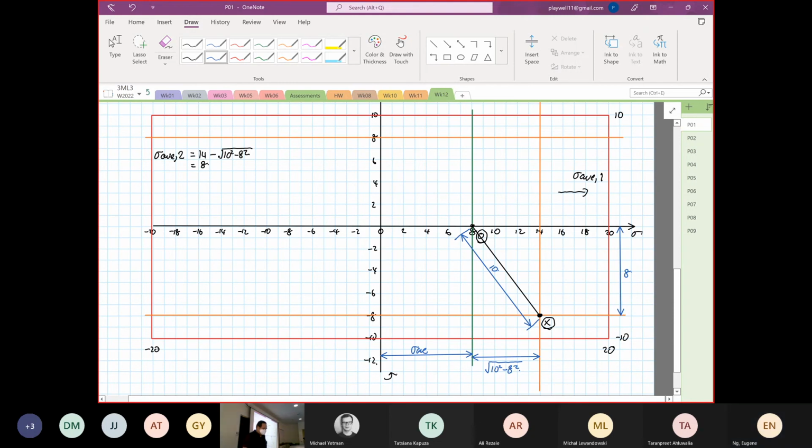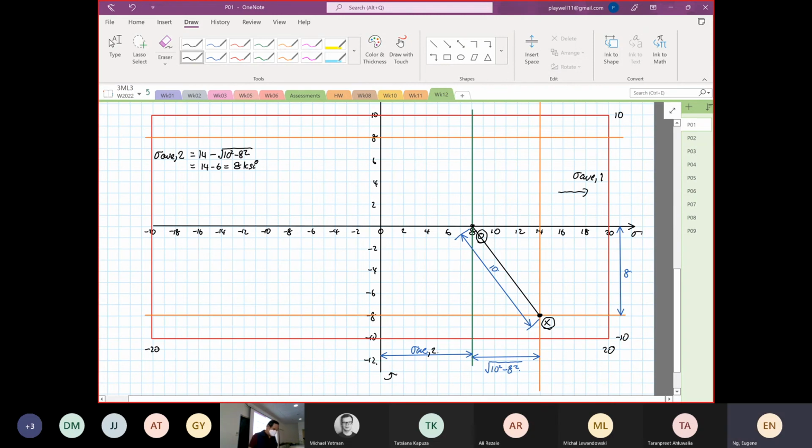Okay. So let me write out how I get 8. So this is equal to 14 minus 6, and this is 8 KSI. Okay, so that is how we get our stress average 2.